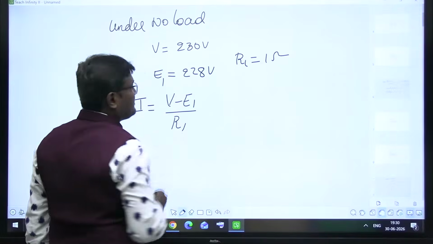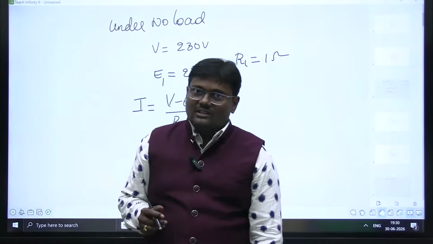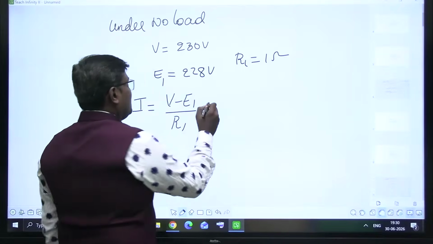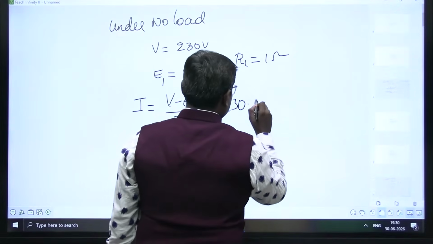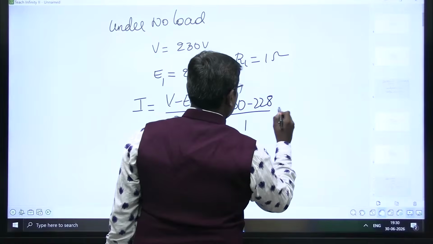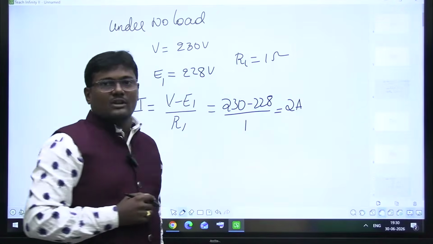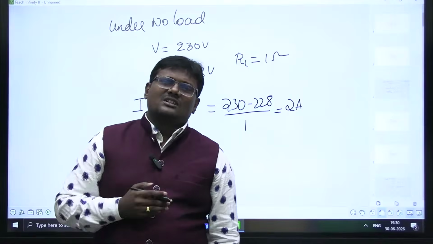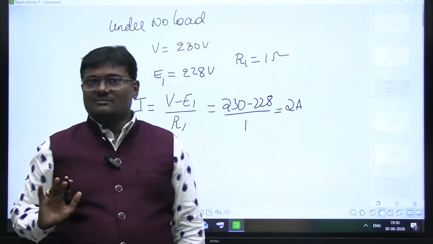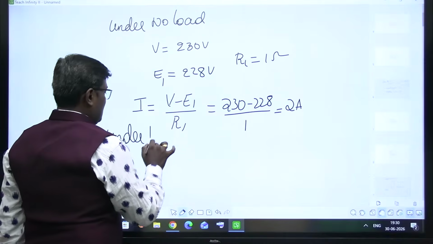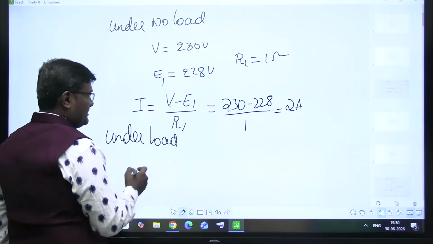For understanding purpose I am not taking standard values. So 230 minus 228 by 1 is equal to 2 amperes. You know that no load current is very small, but for understanding purpose I'm telling. Under load conditions, what happens?